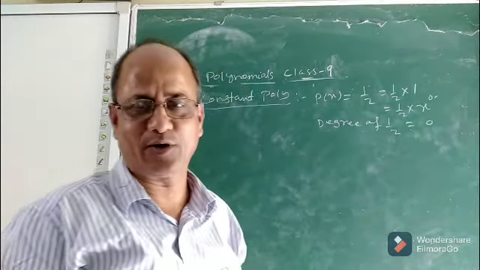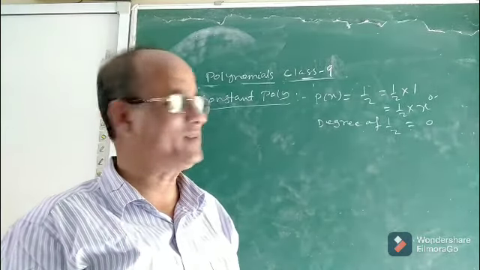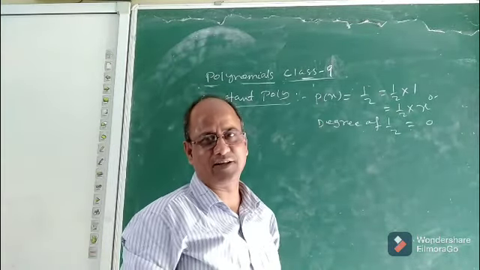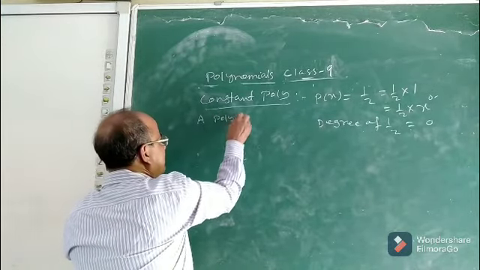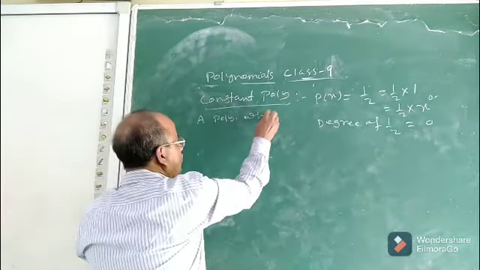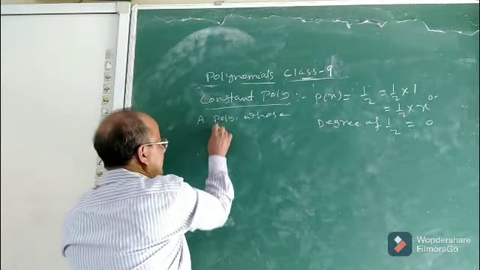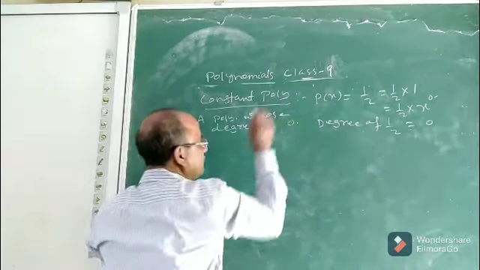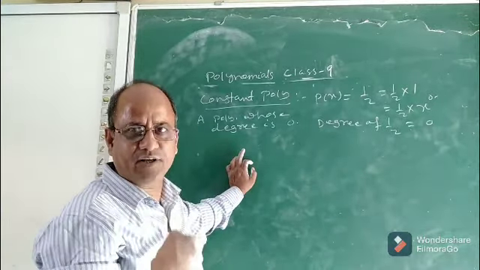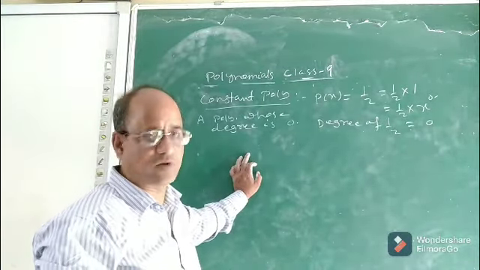So, what is a constant polynomial? A constant polynomial is a polynomial whose degree is 0. Any polynomial whose degree is 0 is called a constant polynomial.